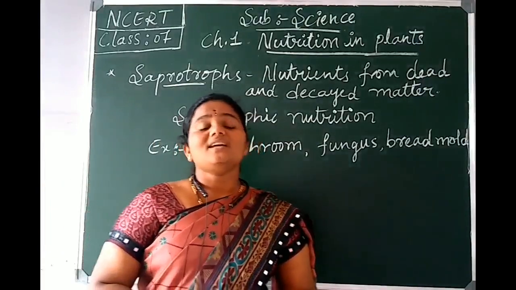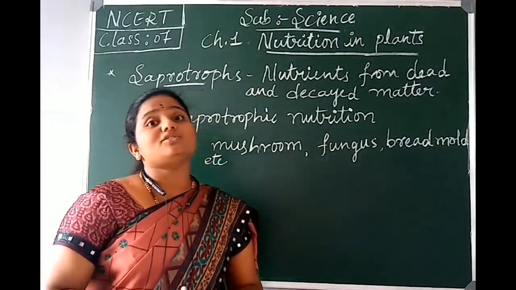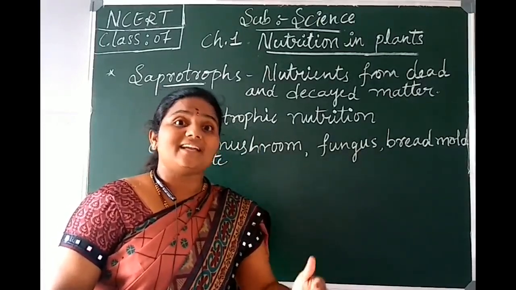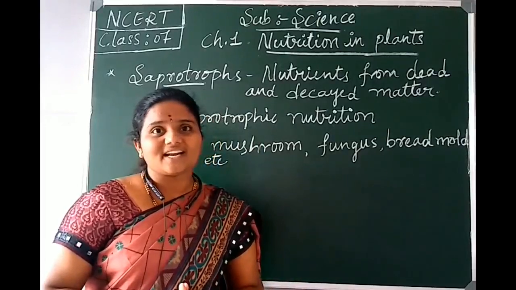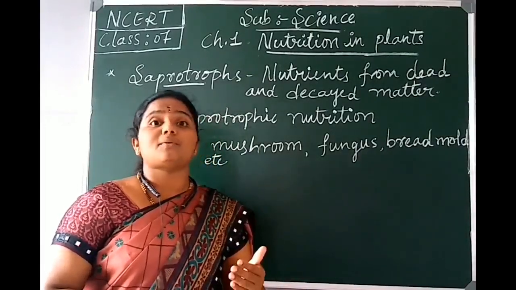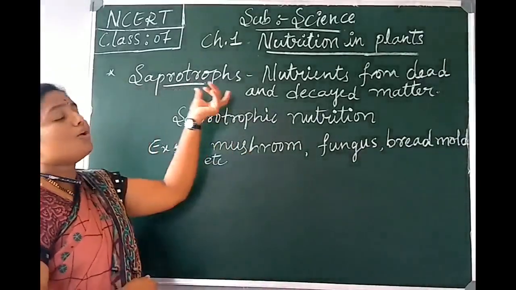You know, children, saprotrophs are a kind of organisms. They derive nutrients from dead and decayed matter. Understanding, children? The organisms which derive their nutrients from dead and decayed matter are called saprotrophs.